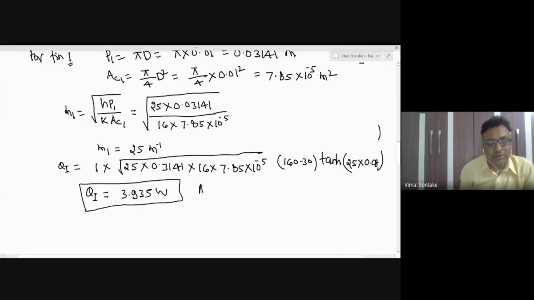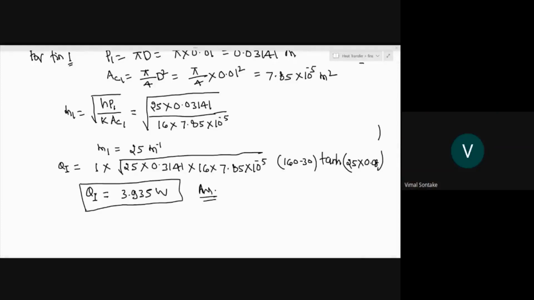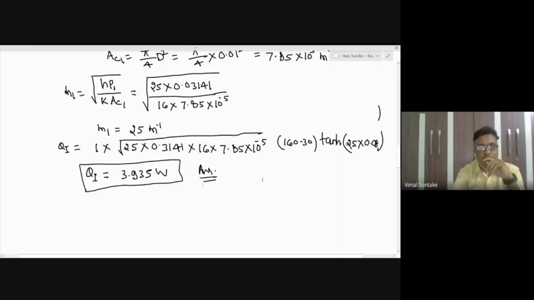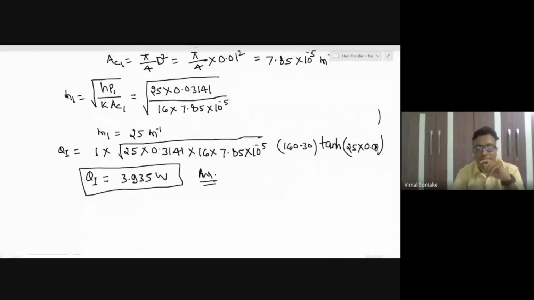Simply formula based. Please someone check. 4.082, it is what?